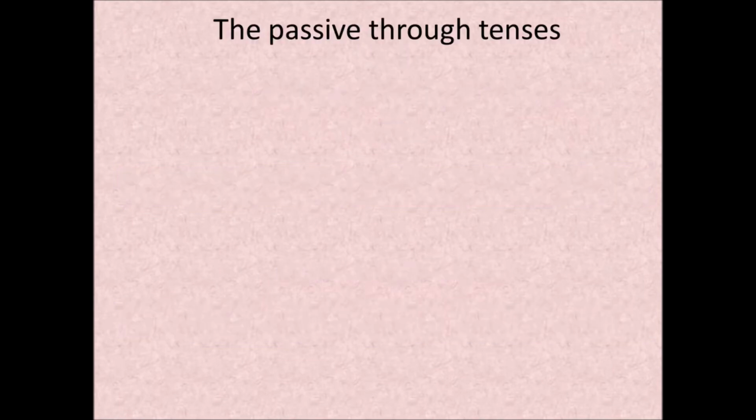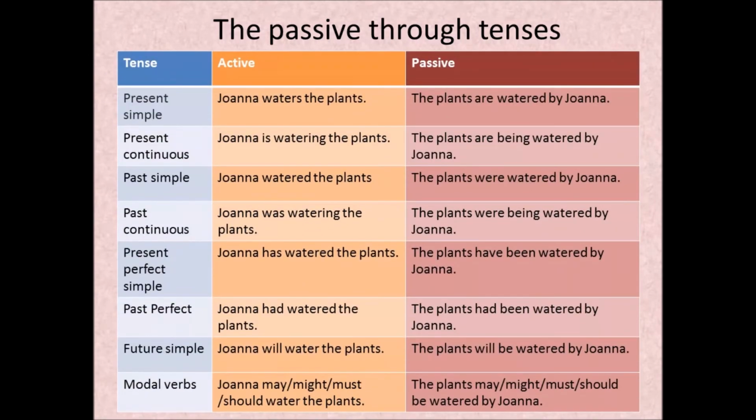The passive through tenses. If you want to master using the passive voice, then you need to go through all tenses in the English language. I have presented here the active sentence turned into a passive sentence in each tense.